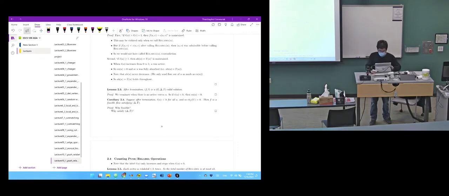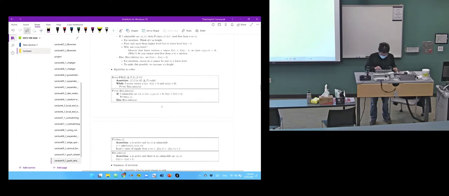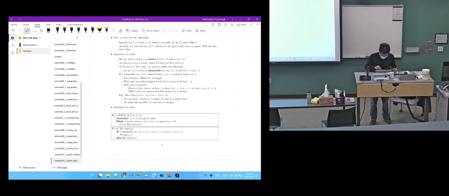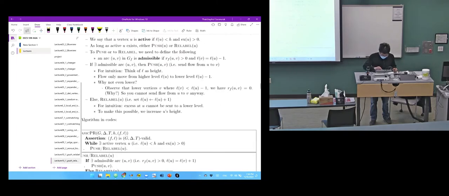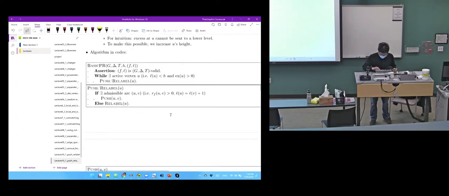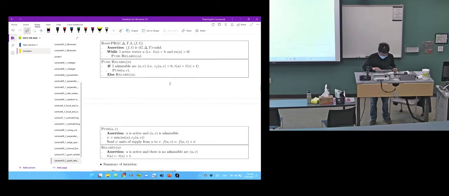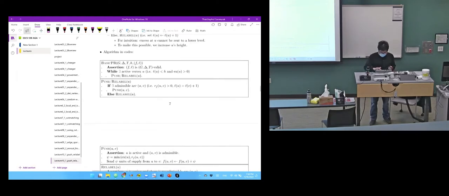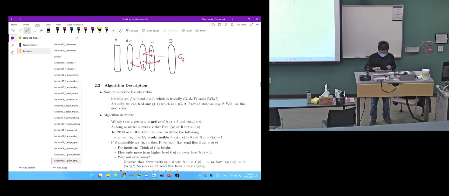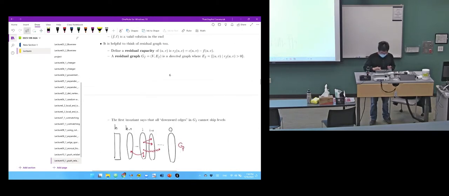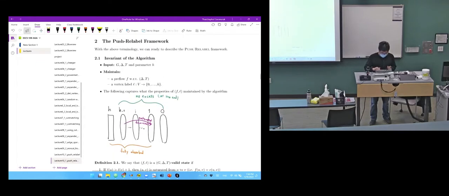So last time we talked about the push-relabel algorithm, and the algorithm is actually quite simple. First of all, you are given a graph, a source function, a sink function, and a parameter h, right?